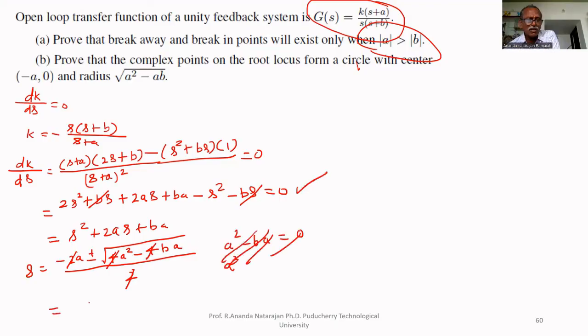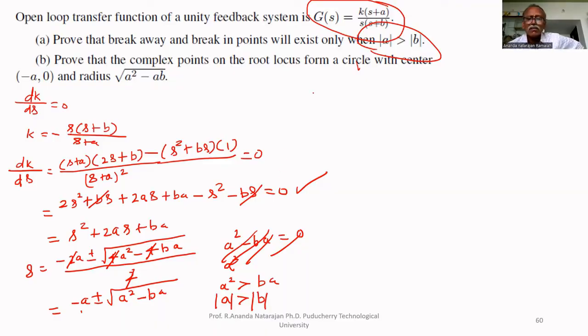Therefore, what we are getting is minus A plus or minus square root of A square minus BA. This will be real root only when A square is greater than BA or A is greater than B. Therefore, modulus of A must be greater than modulus of B. Then only it will have real roots.